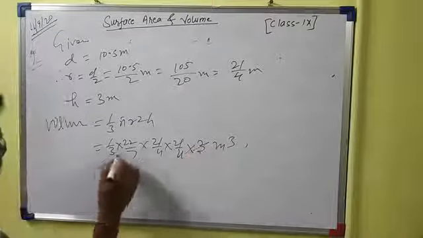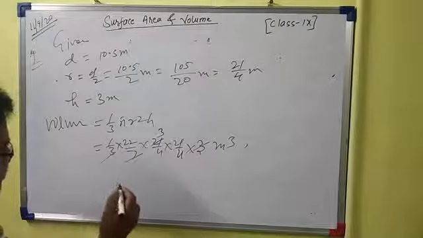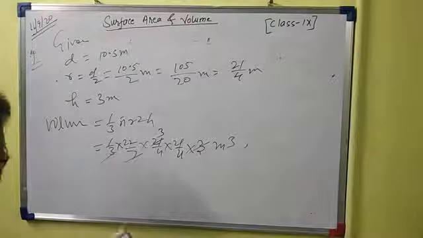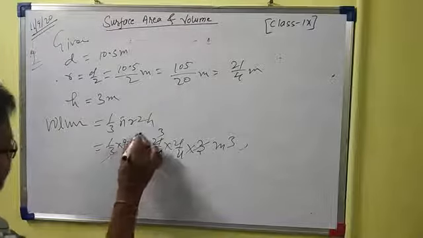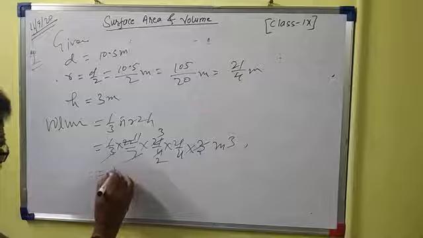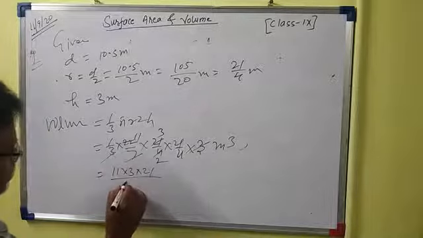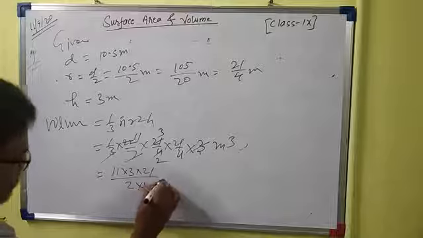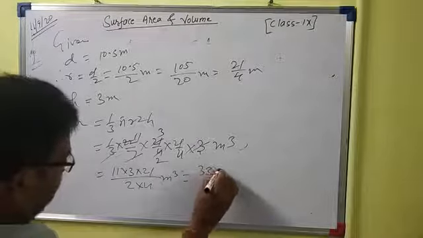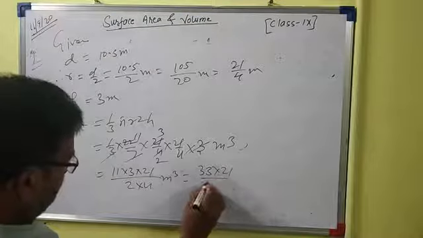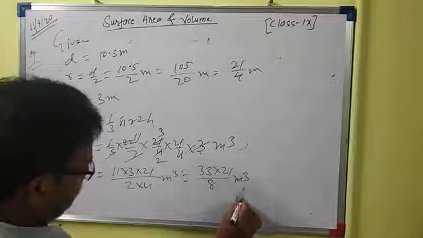This is cancel 3, and 2 11 equal to 11 into 3 into 21 by 2 into 4 meter cube, 33 into 21 by 8 meter cube. This is your answer.